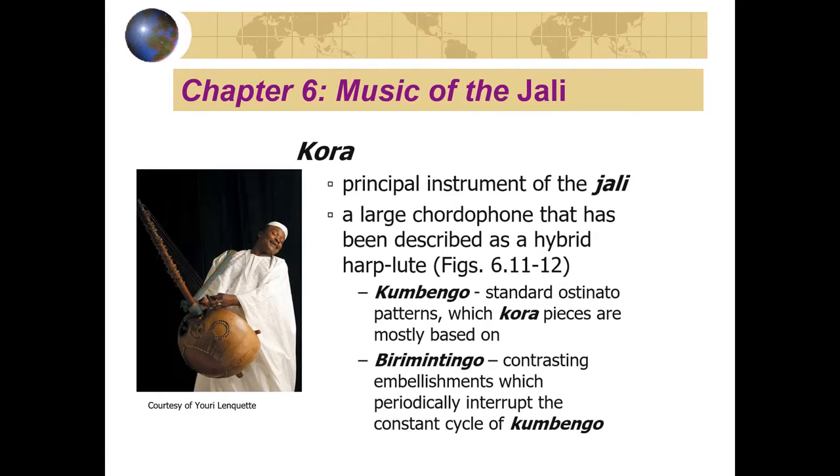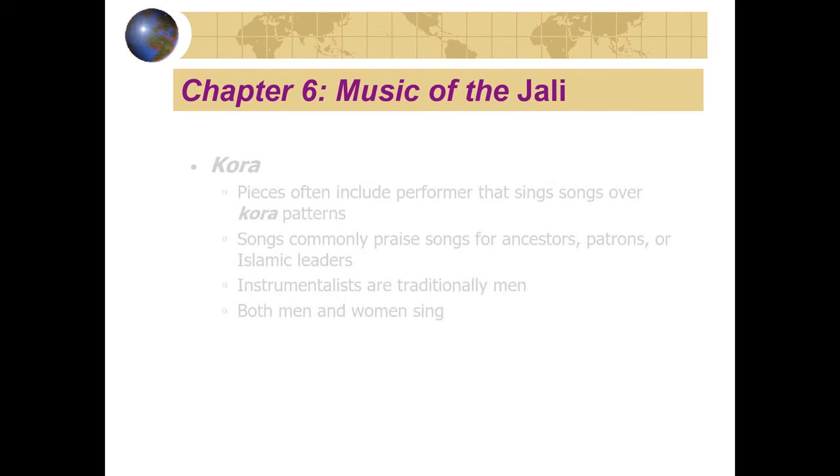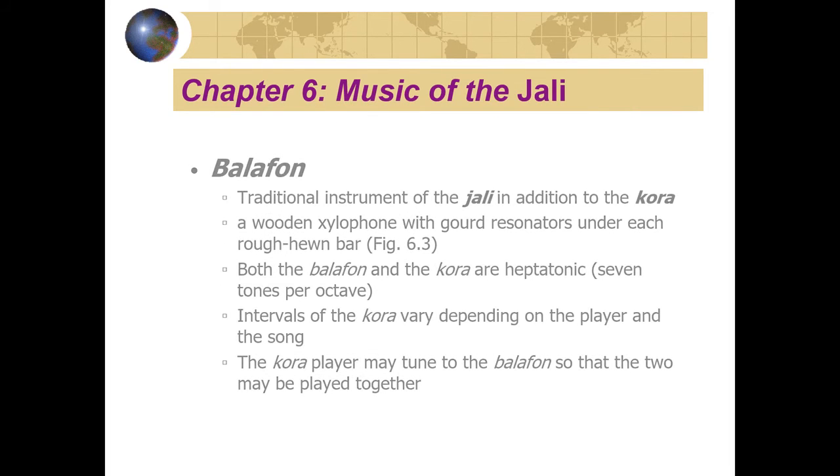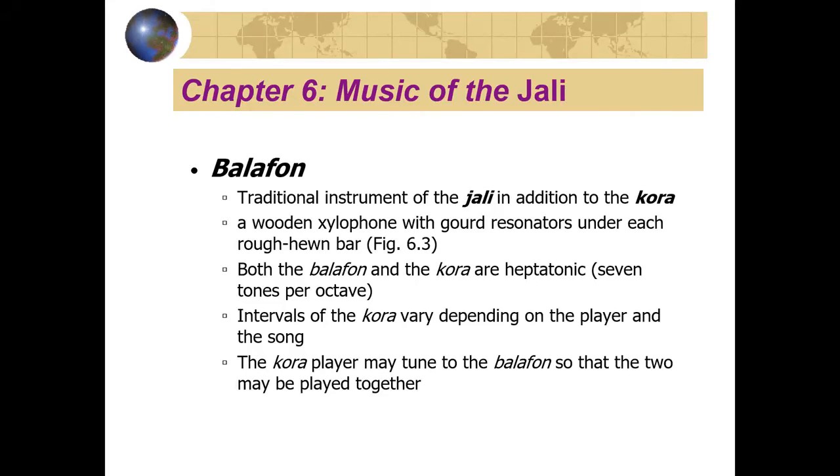And the principal instrument of these people is the kora, which is a large chordophone. It's a hybrid lute harp. And so you see the large gourd-shaped resonator on the bottom and then the strings that are suspended. The balafon is a xylophone-type instrument with gourd resonators.